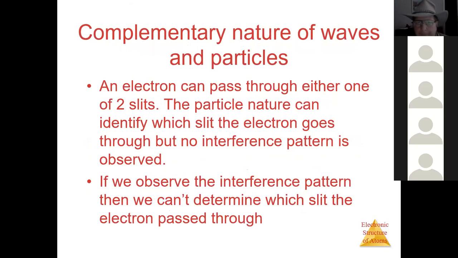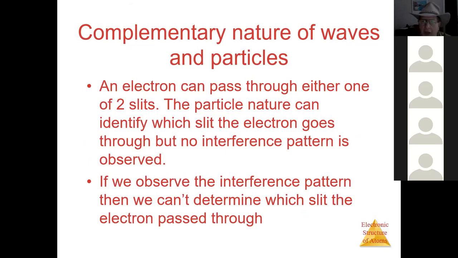If we think about this mental experiment, if we have an electron that can go through two different slits, the particle nature will tell us which slit the electron can go through. But the particle nature will not allow you to look at the interference pattern that gets observed.